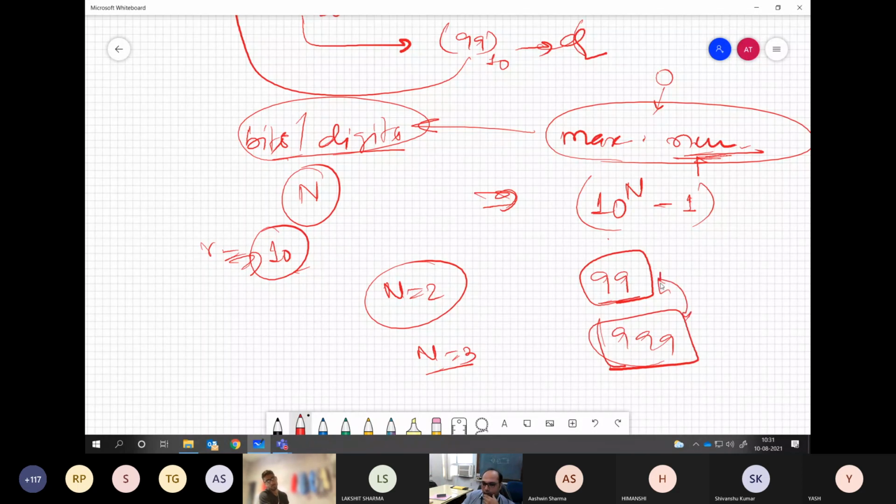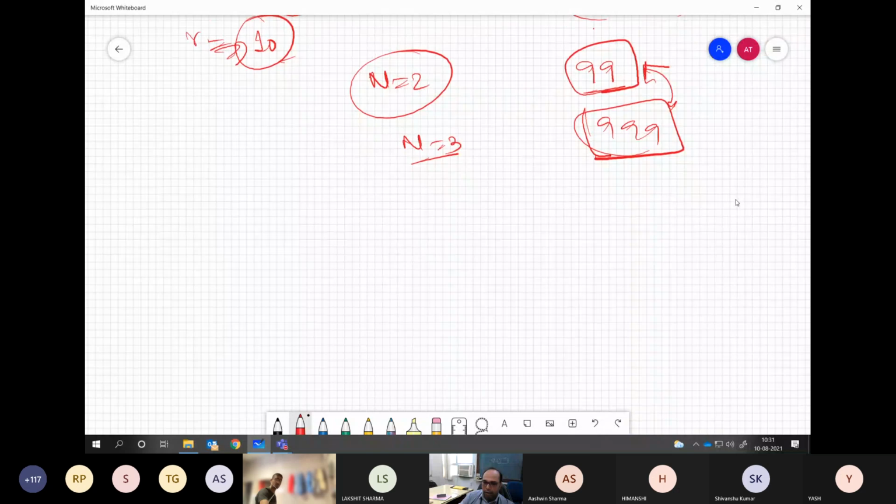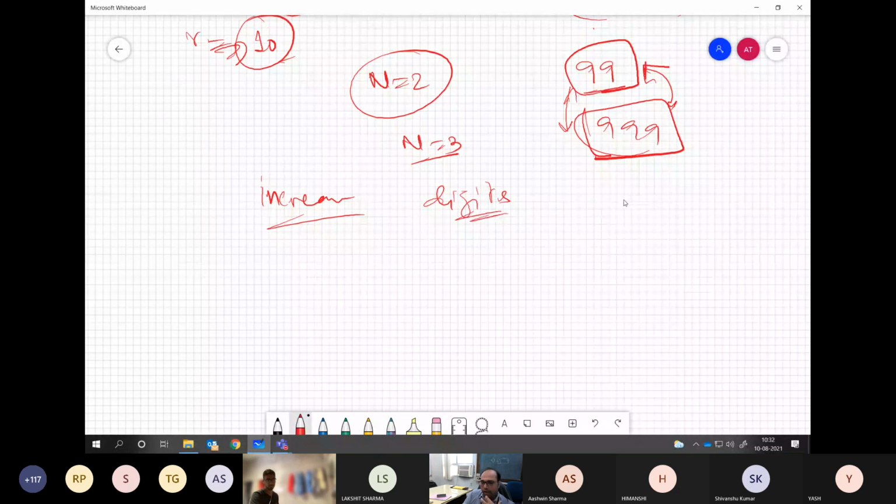Understanding my point? If you are trying to represent any number or quantity, you must understand whether you can represent it with the available bits or digits. If not, you need to increase your number of digits to accommodate the extra information.